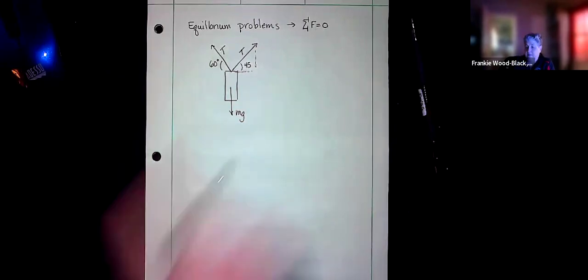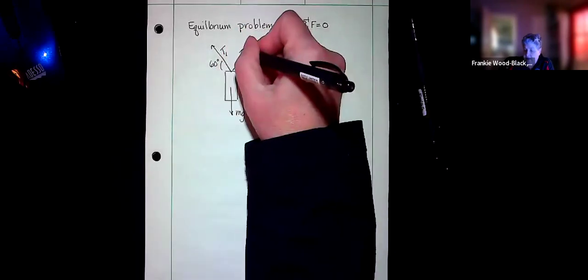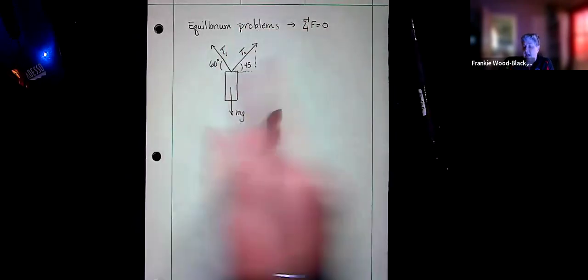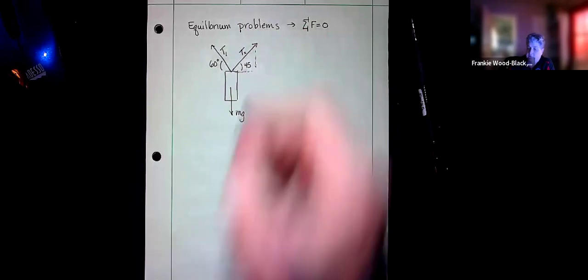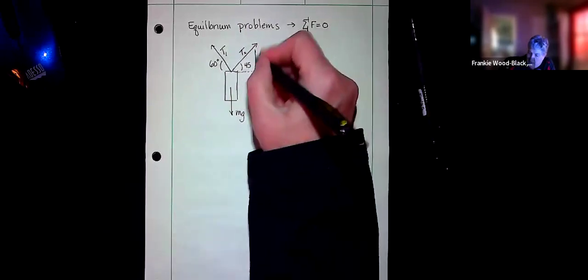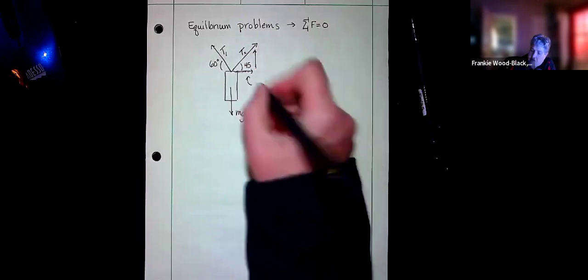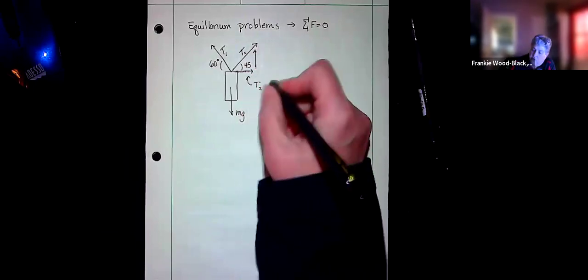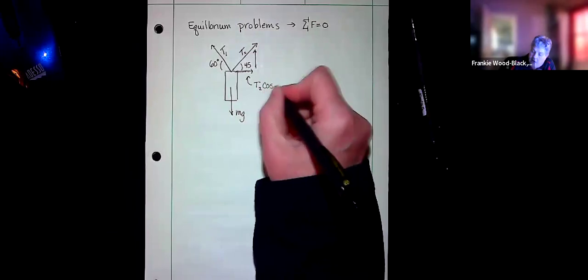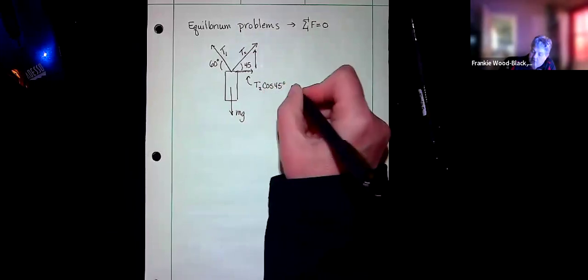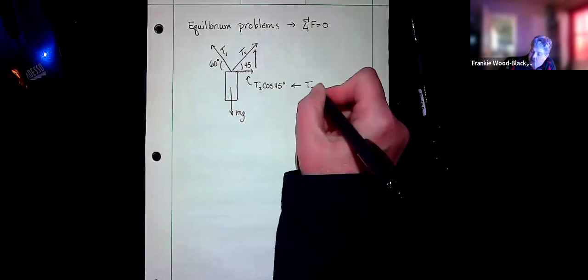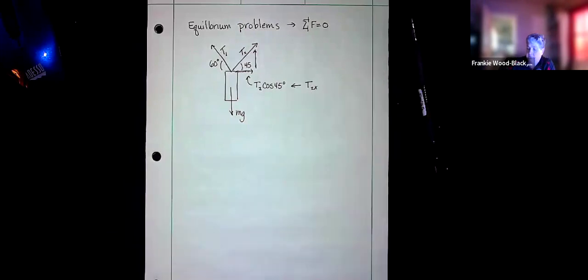All right. But this is tension 1 and that's tension 2. So let's look at this because now we've got 2 dimensions here. Well, we know we can divide our vectors. So this becomes T2 cosine of 45 degrees, the tension of T2 in the x direction.